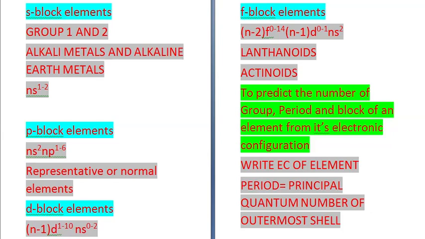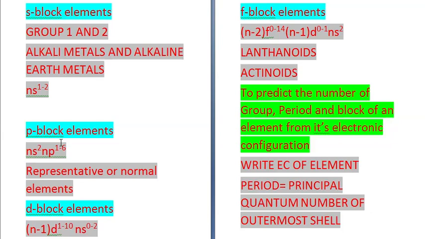The electronic configuration of s block elements is ns1 or ns2. Now the second block is p block elements. These are elements in which the outermost electron is going into the p shell.